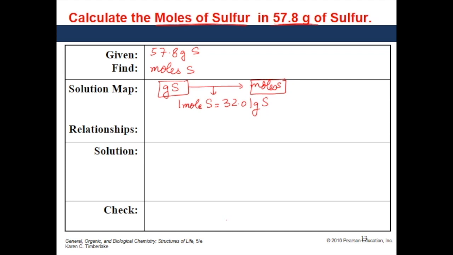We start with what's given to us, which is 57.8 grams of sulfur. We want to cancel these grams of sulfur, so we divide by grams of sulfur. The other unit is moles of sulfur. So 1 mole of sulfur is 32.01 grams. Grams and grams cancel, and your final answer is in moles. If you plug this into your calculator, that gives you 1.80 moles of sulfur.